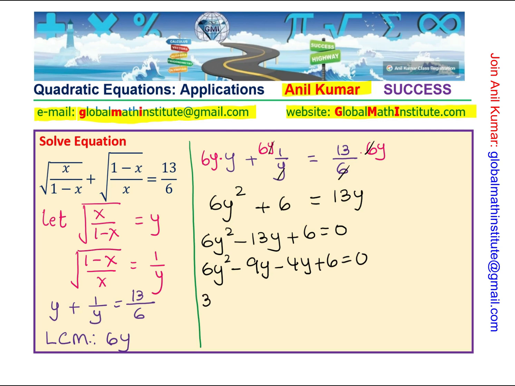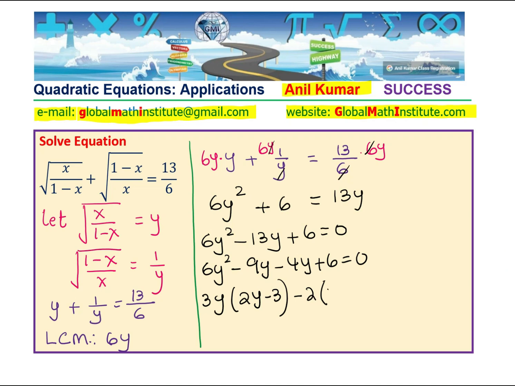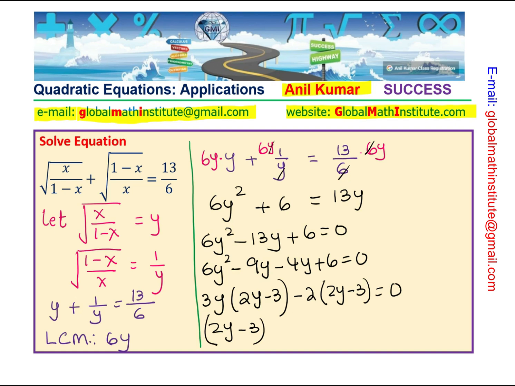Group factor: 3y is common in the first two terms, giving us 2y minus 3, and here 2 is common. So we'll take minus 2, and we get 2y minus 3 there also, correct? Equals 0. And now we can factor 2y minus 3, and we get 3y minus 2 equals 0.